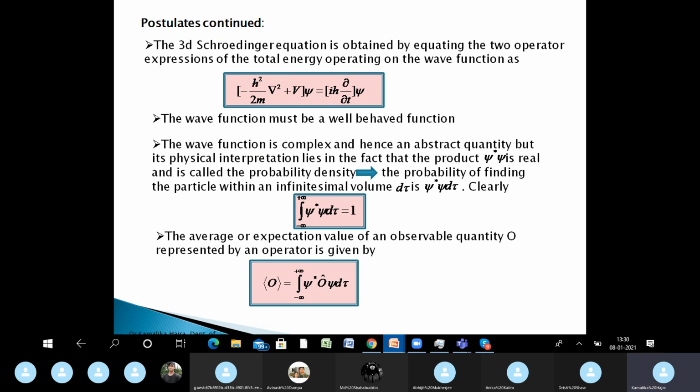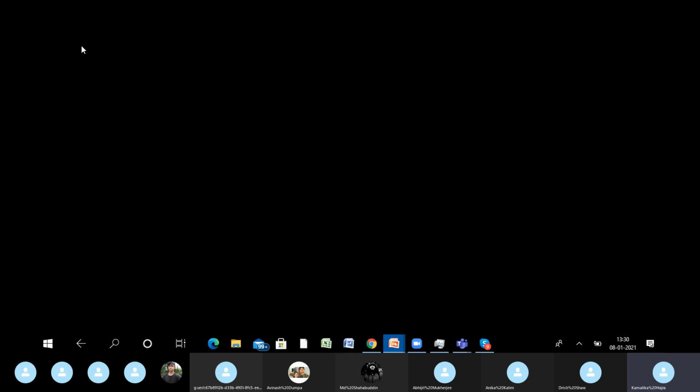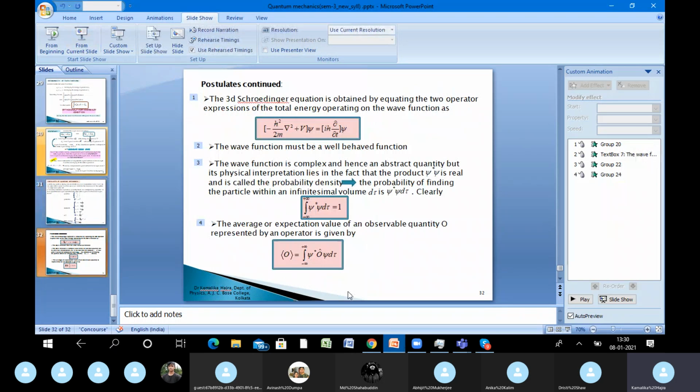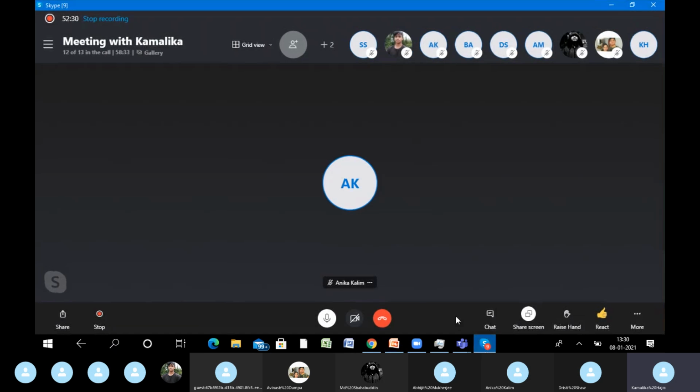So that summarizes the basic concepts of quantum mechanics that you need to know before you start solving problems. I would expect all of you to please go through this PPT very well so that you are more or less thorough with these basic concepts when we start solving the Schrödinger equation for different conditions.